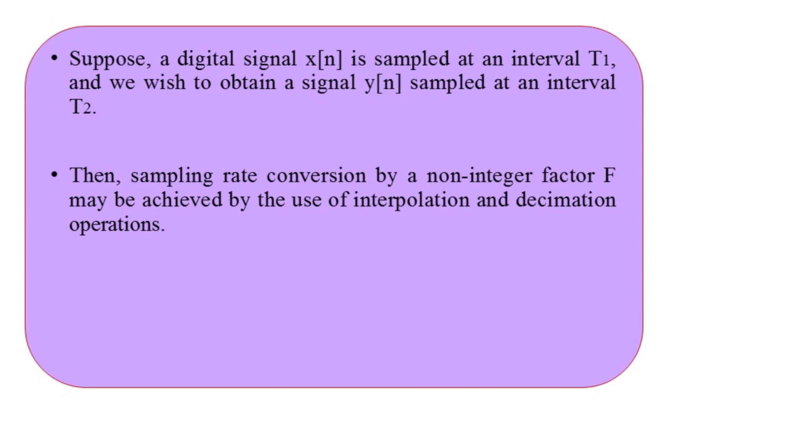Now the thing is clear here that the use of both interpolation and decimation operations involves an integer interpolation factor as well as an integer decimation factor, and if we use the two as a ratio, we can obtain the non-integer factor denoted by capital F, which is required in this topic. So the capital F, required to be the non-integer factor, can be expressed as a rational number, which is the ratio of two integers.